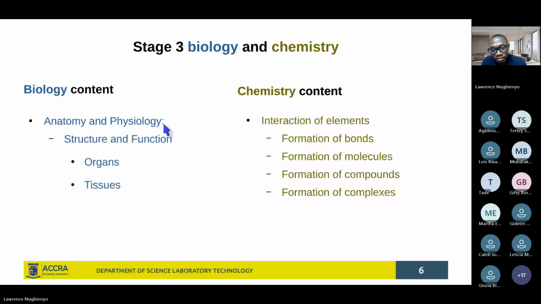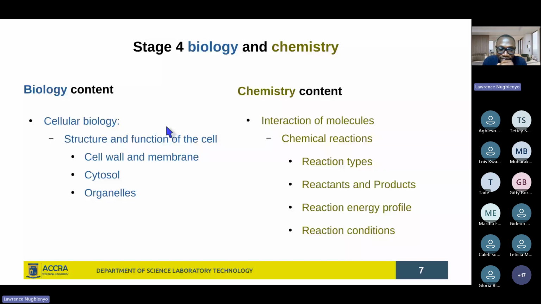Now, you move to stage 4. In biology, you now move to the cellular level. So you start to study the structure of the cell, where you are looking at the cell being made up of the cell wall or the cell membrane, the cytoplasm made up of the cytosol and the organelles. And in chemistry, you're now talking about interaction between the molecules.